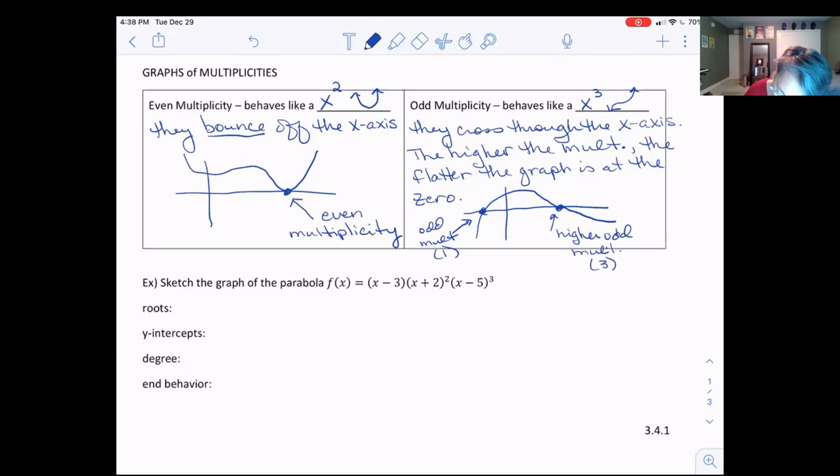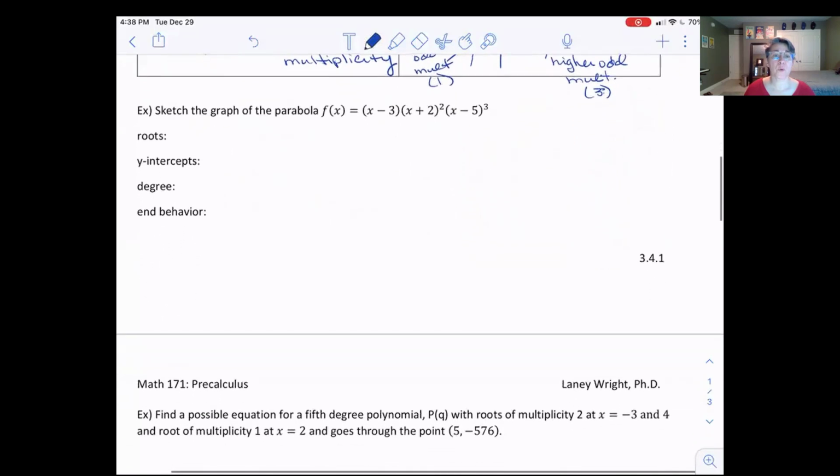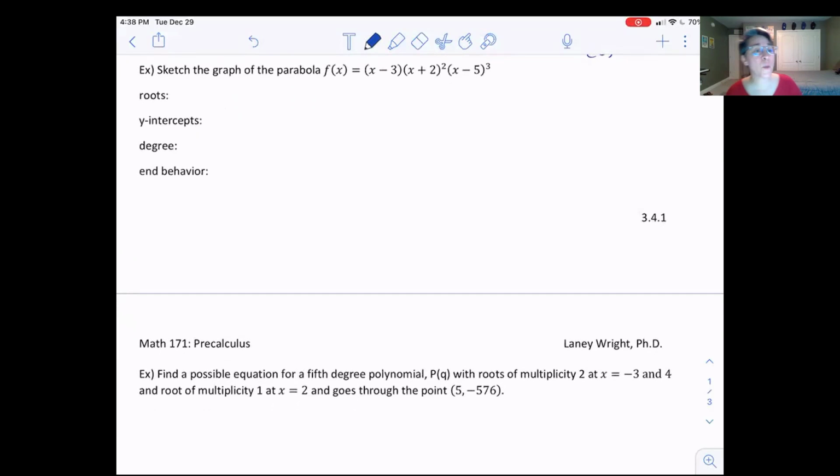It could be 3. So they're wanting us to sketch the graph of this polynomial using our knowledge of zeros and multiplicities. So again, when we say roots, that's the same thing as zeros.